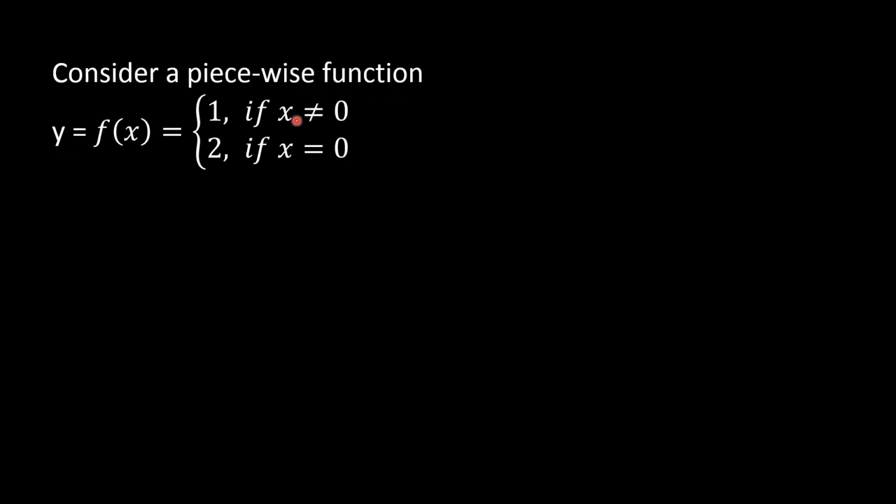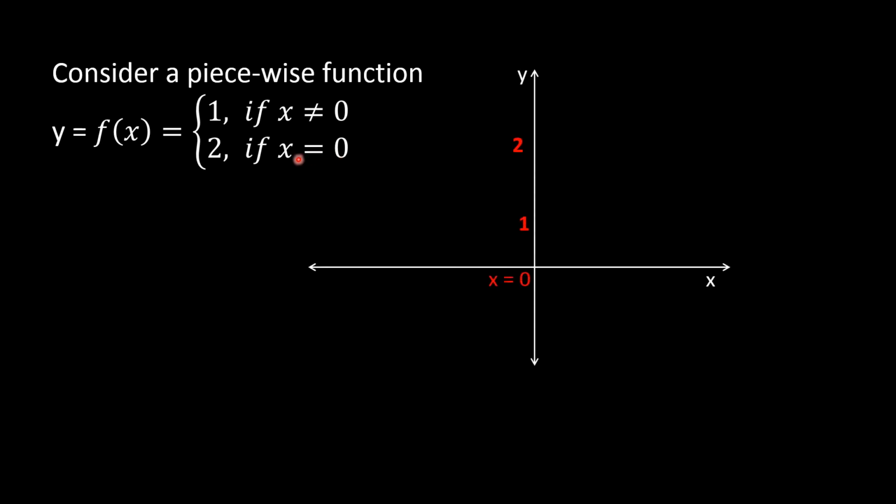Consider a piecewise function: y equals 1 when x not equal to 0, y equals 2 when x equals 0. Let us draw the graph of this function. When x equals 0, y equals 2, which means f(0) is 2 and the point (0, 2) will lie on the graph of this function.